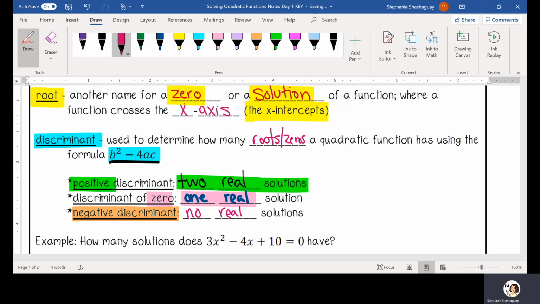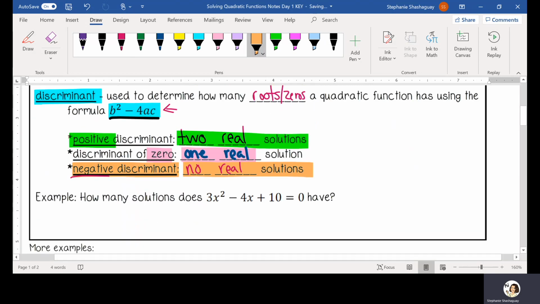So if we do this formula and we get a negative number, there are no real solutions to that function. And we'll find out why in a little bit.